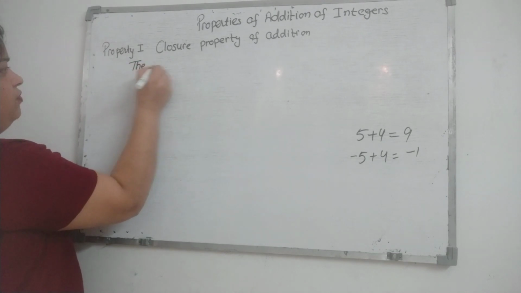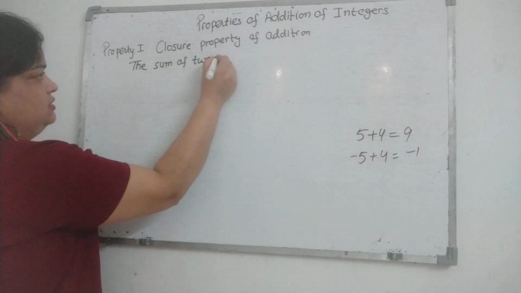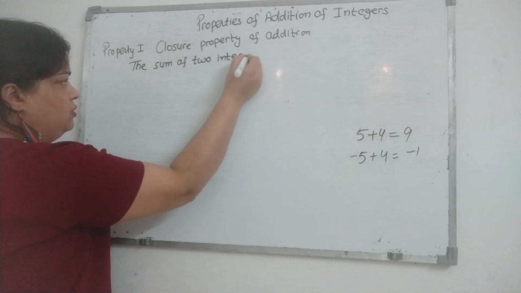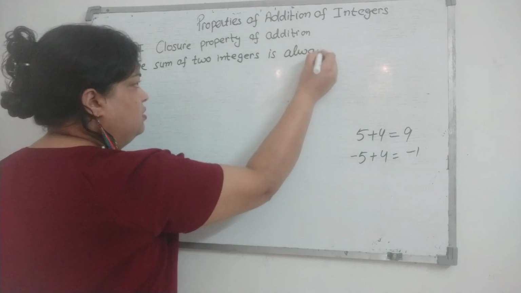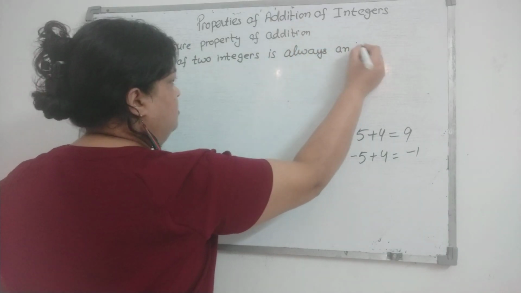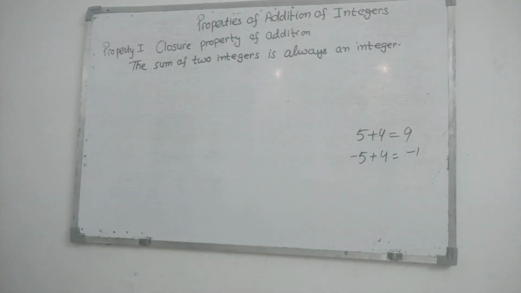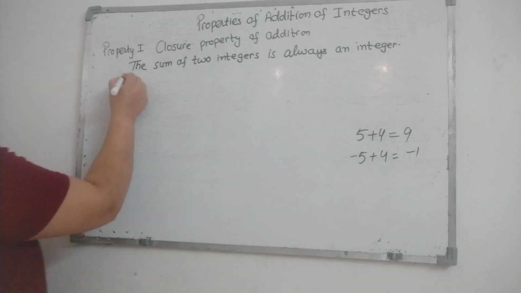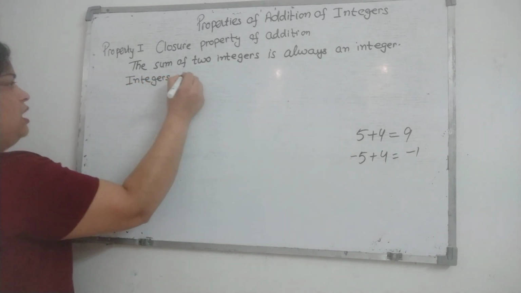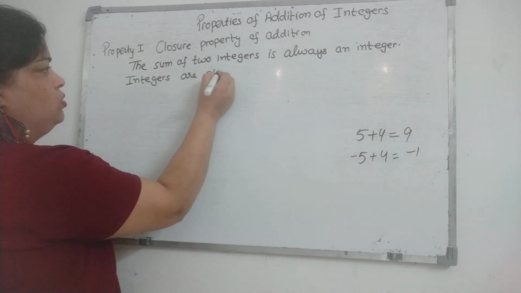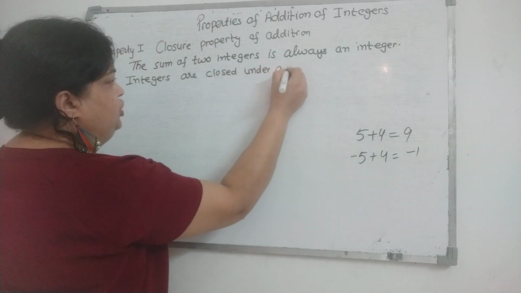The sum of two integers is always an integer. It means integers are closed under addition.